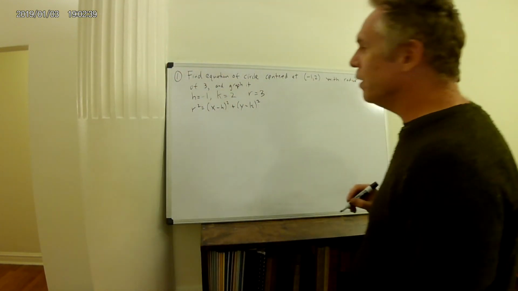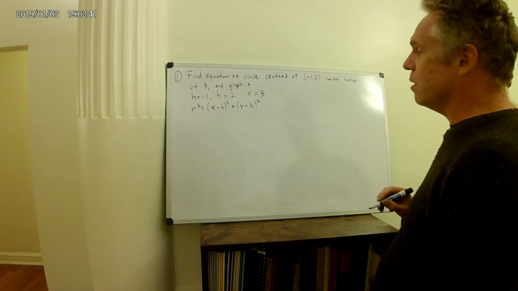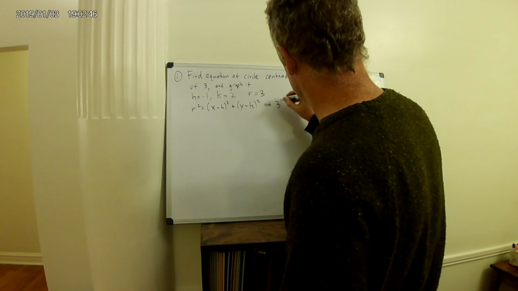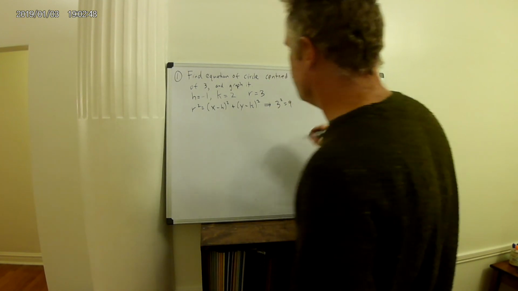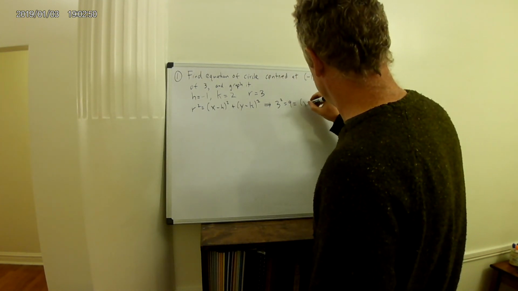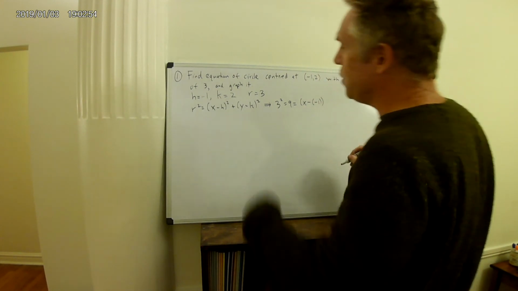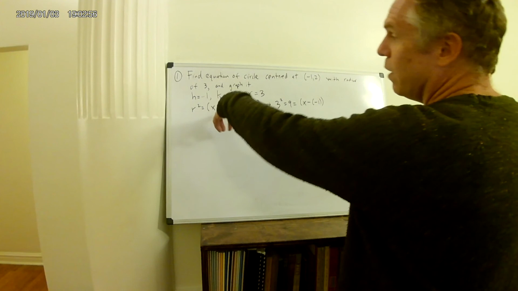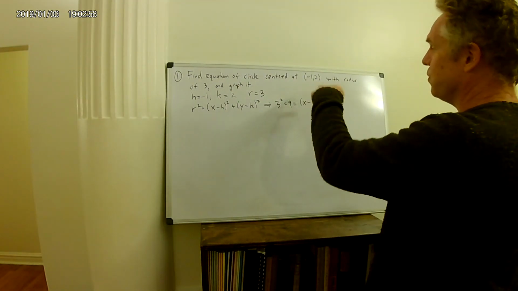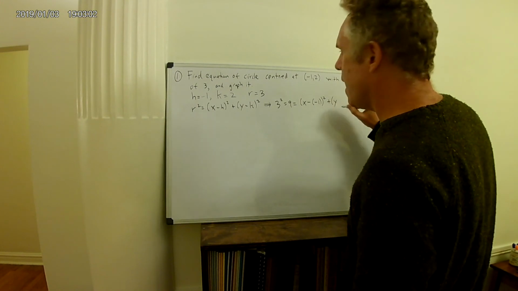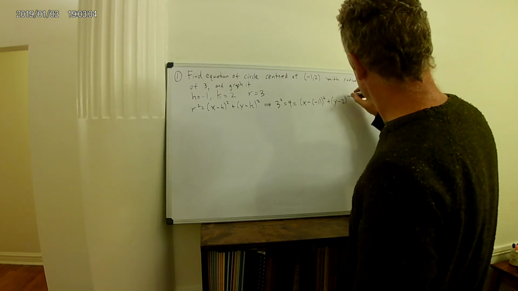Okay, so all we really need to do here is just plug in these numbers, and that leads us to an equation of 3 squared, which equals 9, is equal to x minus... Now we need to be careful here because h is -1 and we have a minus sign. So we have x minus -1 squared plus y minus 2 squared.